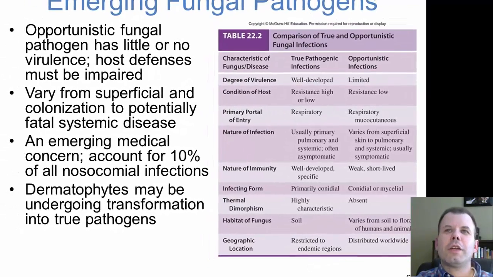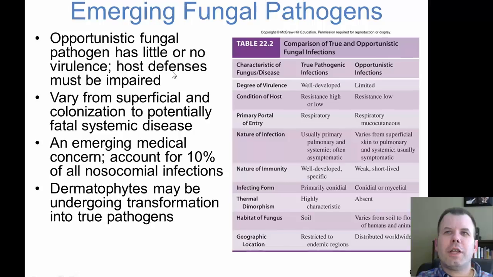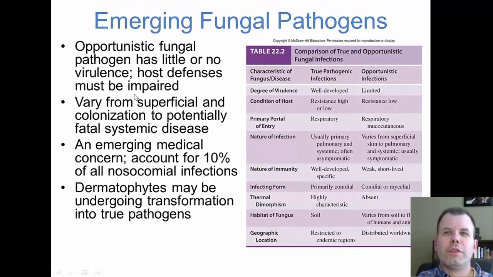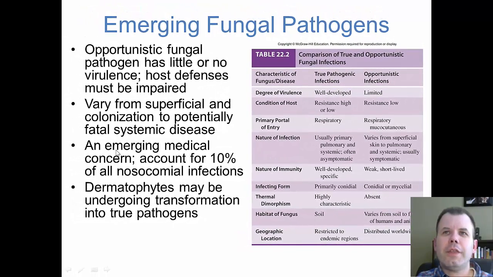Okay, so kind of looking back over, an opportunistic pathogen has little or no virulence. Host defenses have to be impaired. Again, they vary from superficial colonization to potentially fatal systemic disease, depending on where they infect. And again, an emerging medical concern, they account for about 10% of all nosocomial infections. And again, what happens in a hospital? These people are immune compromised.